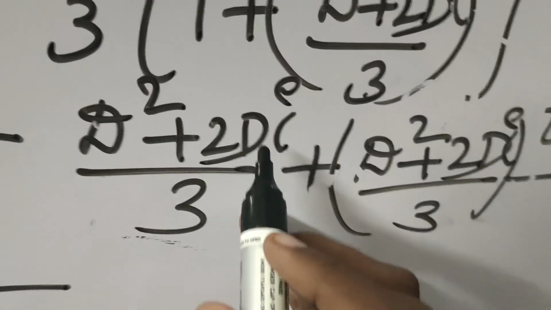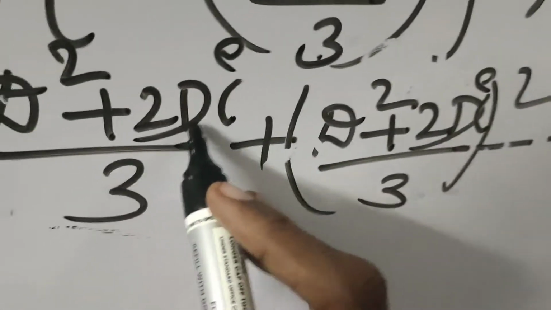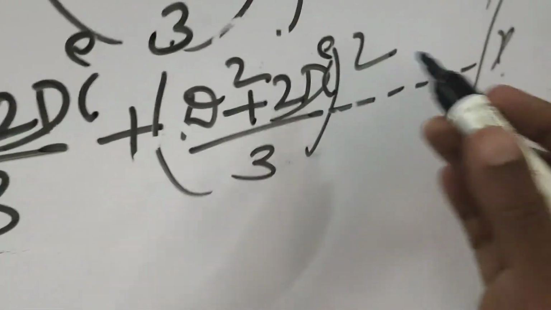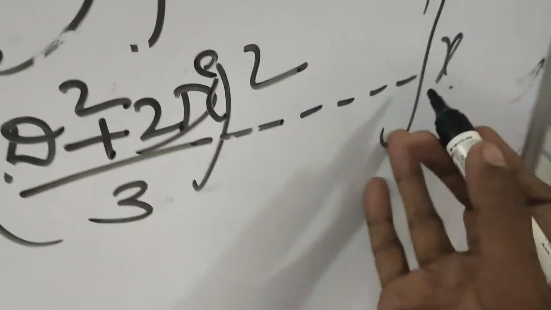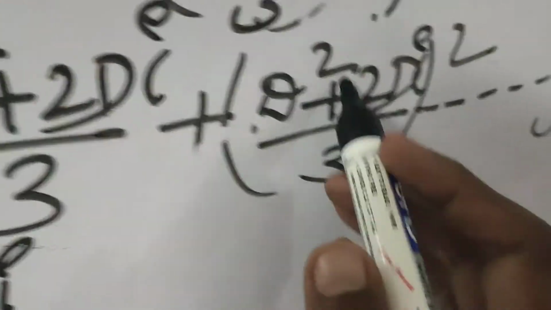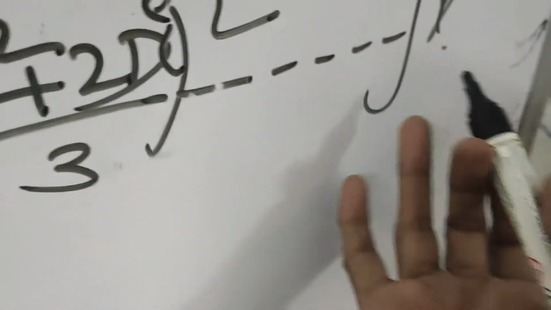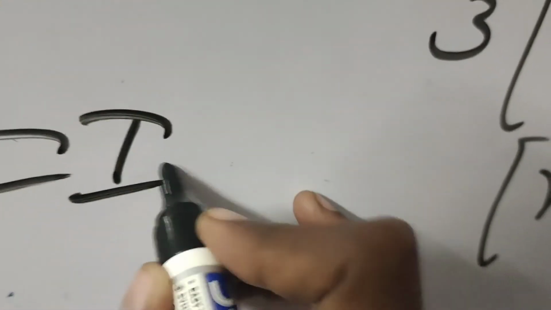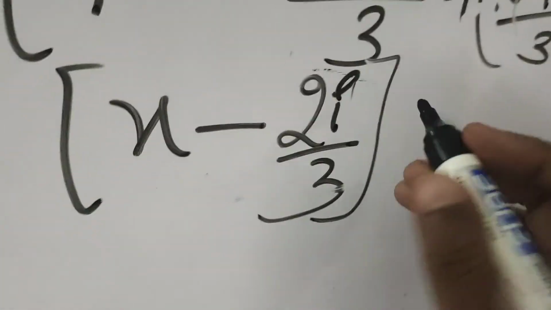Here the one-time differentiation of x gives 2i by 3 into x. The higher terms all involve two-time differentiation, so we get 0, and only x minus 2i by 3 remains. That equals the imaginary part of 1 by 3 into (x - 2i/3). This is the particular integral.